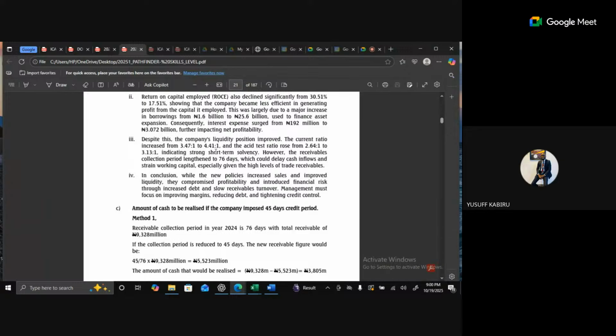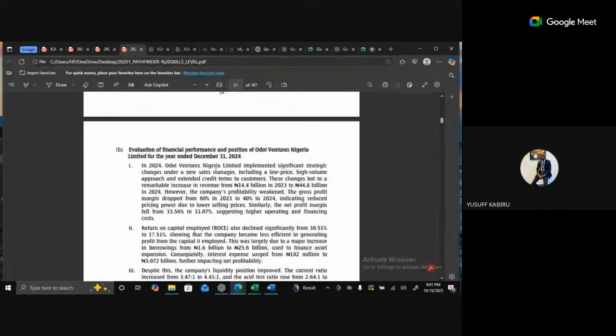So what they are just saying is that, based on what we calculated, our liquidity ratio is actually fine, right? Remember we said the liquidity ratio is usually compared against 2 to 1. So now ours is 3 point something, and when we compare it to the previous year, this is the one we have in 2023, and this is what we have in 2024. So what it means is that our liquidity position has even increased, right? But what you're now saying is that regardless of whether the liquidity position has improved or not, we still need to keep an eye on our receivables. Why?